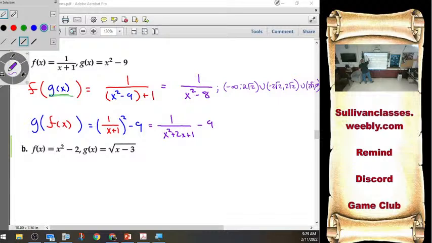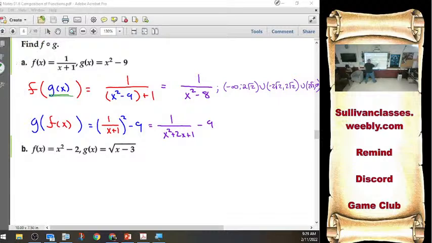If you want to get real fancy, multiplied by x squared plus 2x plus 1 over x squared plus 2x plus 1.